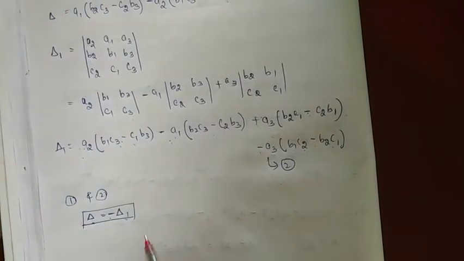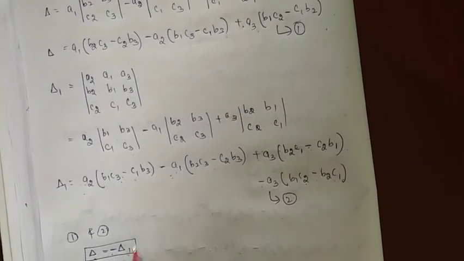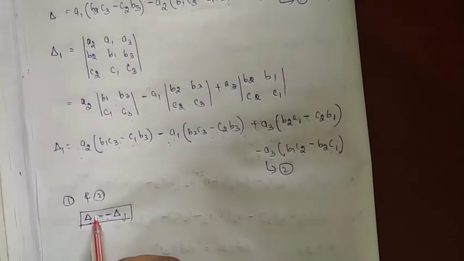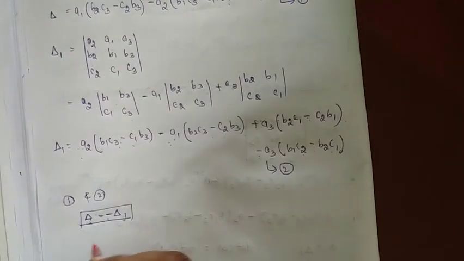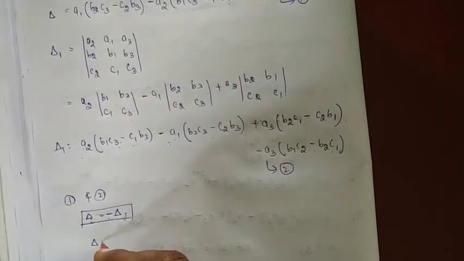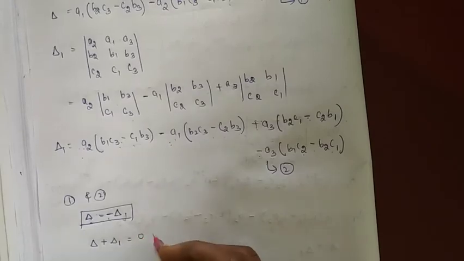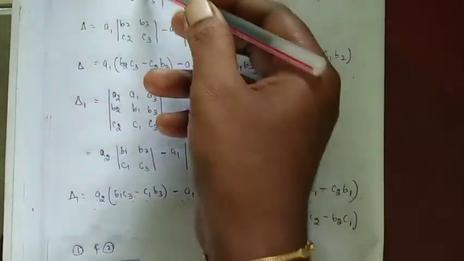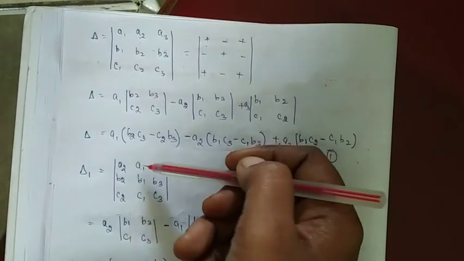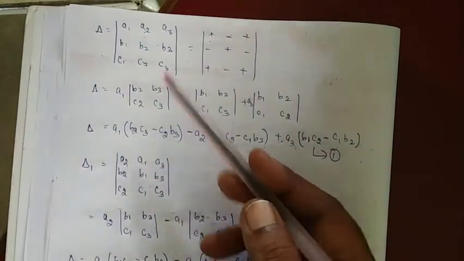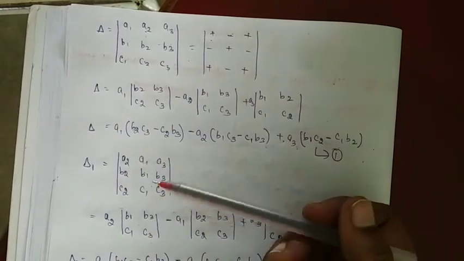Now see, next, if I take this to the next side, what will happen? Determinant plus determinant 1 is equal to 0. That is, when I add these two determinants, I will get the answer 0, because plus sign and minus sign entirely will get cancelled.